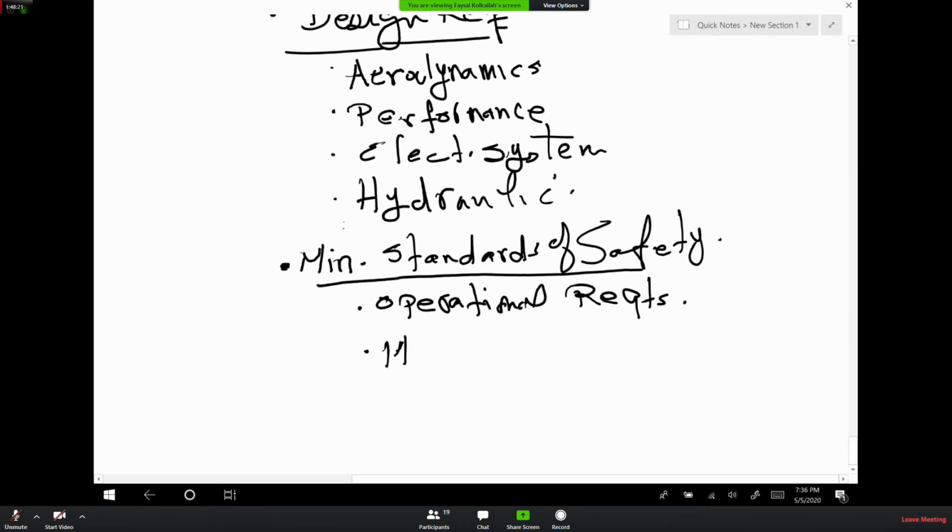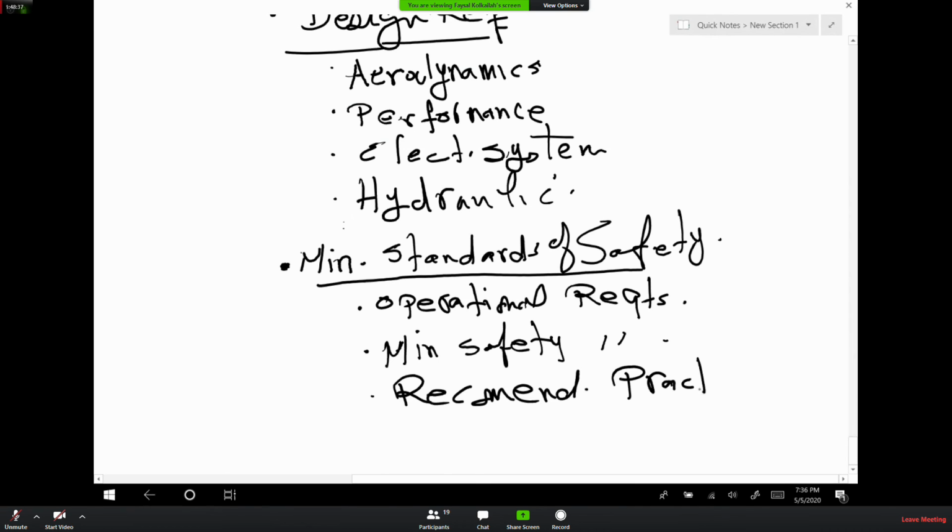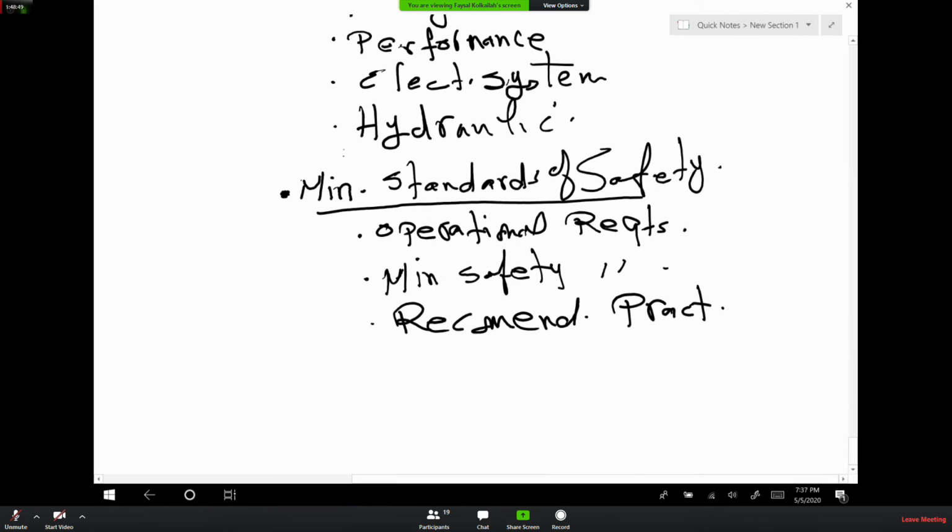And as I said, what about the minimum safety requirement? What about recommended practices? What you do, what you don't. What is the best practice for this situation or the other situation?